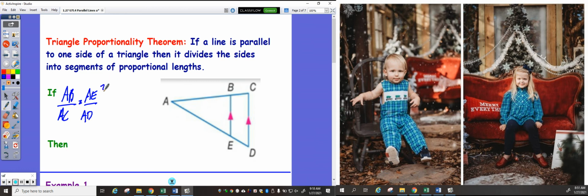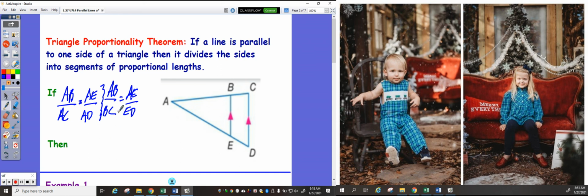In this theorem, because these are parallel, AB is going to correspond to BC as AE would correspond to ED.